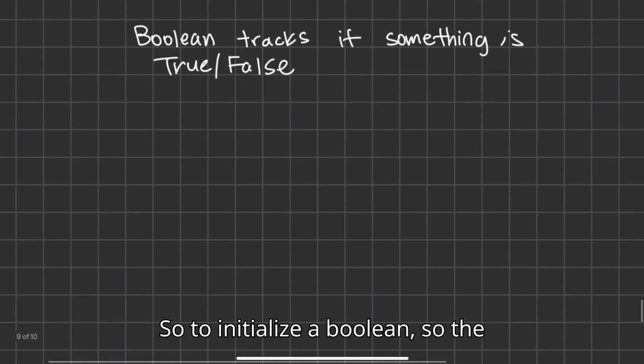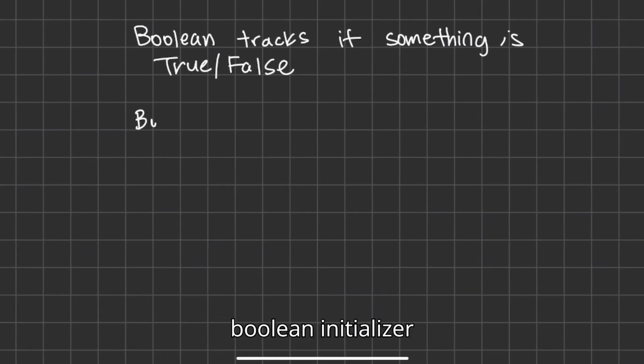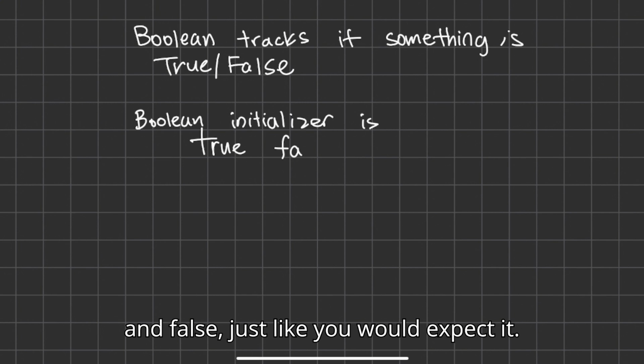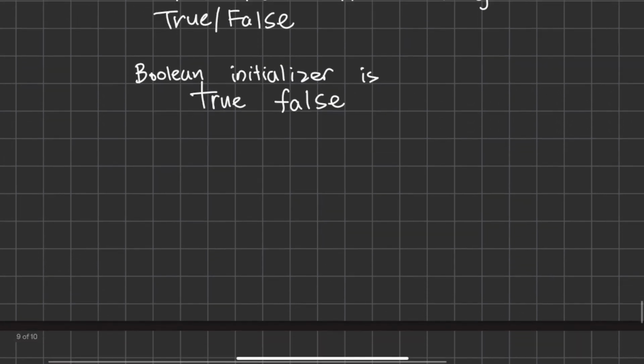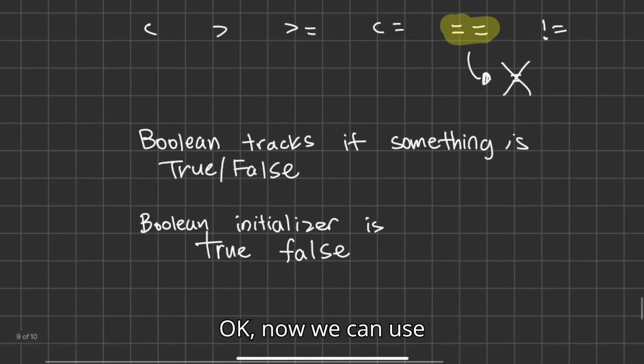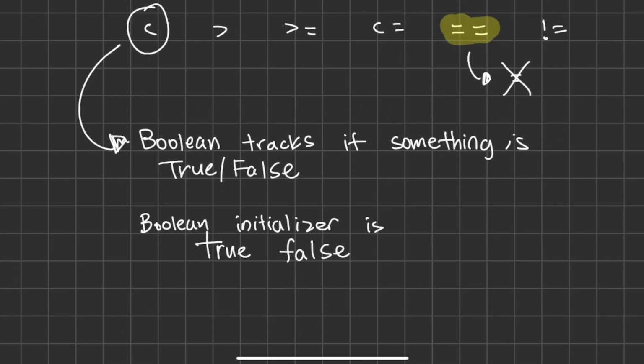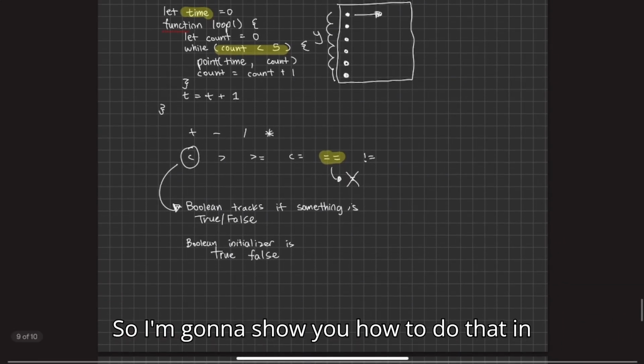So, to initialize a boolean, the boolean initializer is true and false, just like you would expect it. Okay, now we can use these functions to make booleans. So I'm going to show you how to do that in the code.